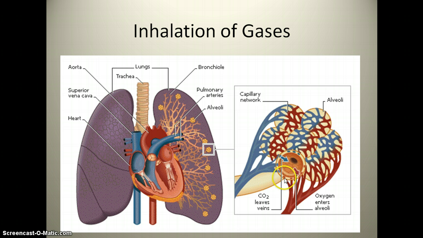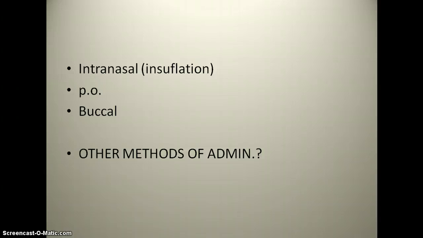And then you have the veins where CO2 leaves, and then the arteries where oxygen enters. And it's really diffusion across the cell membrane in the alveoli. But if you spread these alveoli out, it becomes like a huge surface area.